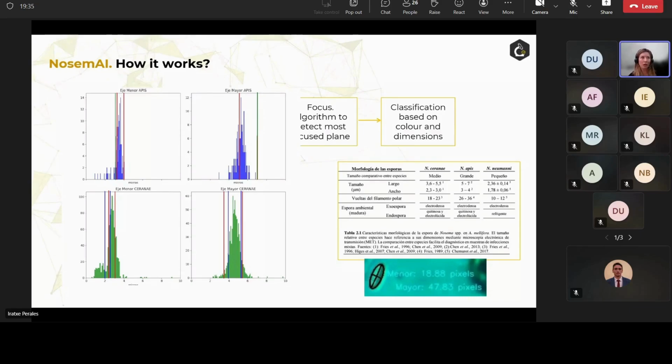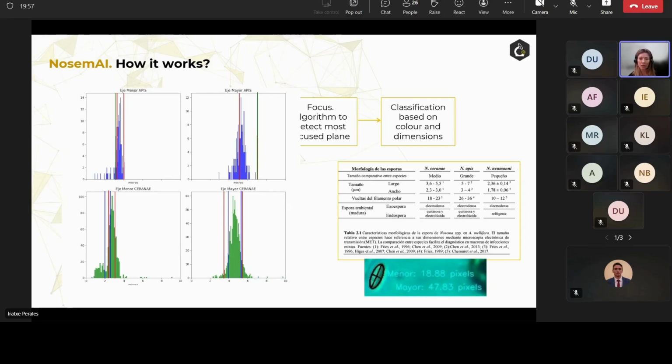And then when we have correctly classified the spores of Nosema, then we also do an estimation of the species. So we are able to tell the user if the spore is Nosema apis or Nosema ceranae. It is true that in most countries we can hardly find Nosema apis.